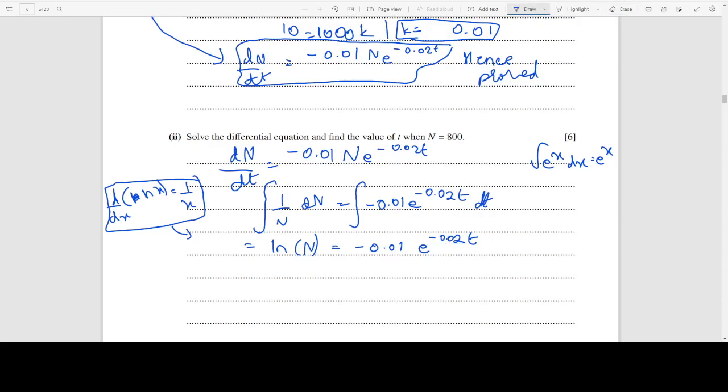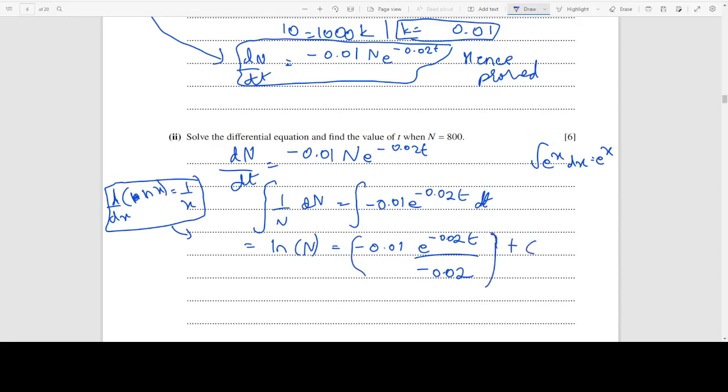So divided by minus 0.02. This is the integration, and we'll add c, the integration constant.